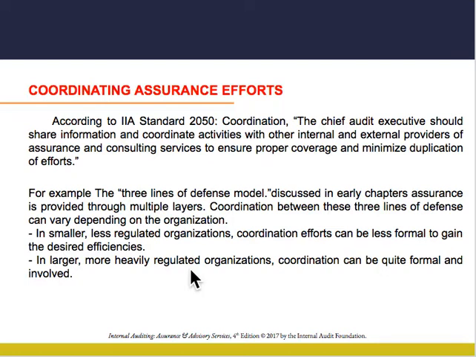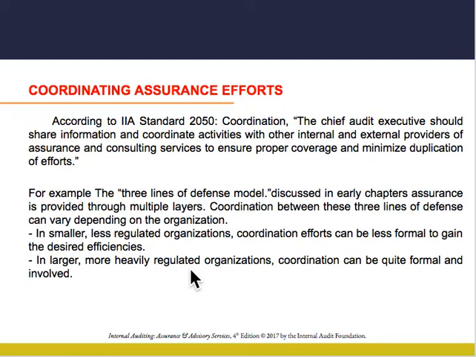Coordinating the assurance effort. The internal auditor is not the only one who provides the organization assurance. There are many employees inside and outside the internal audit function who provide assurance to the organization.